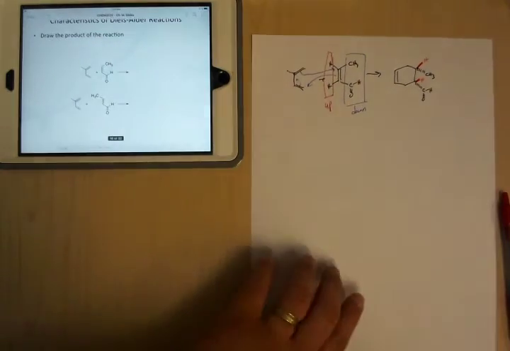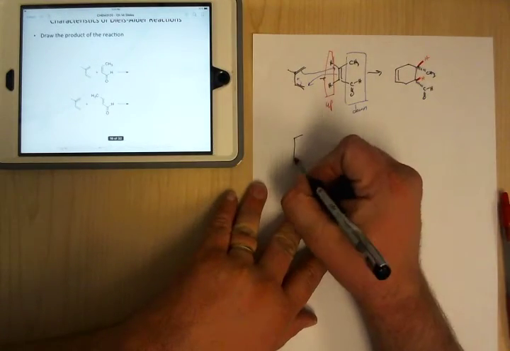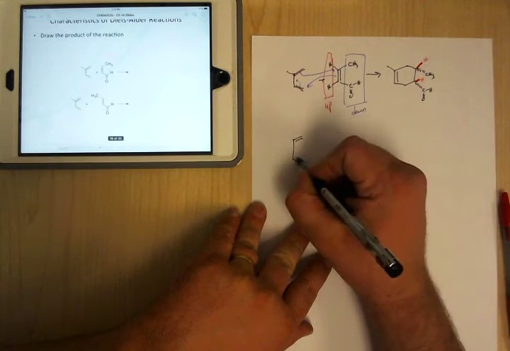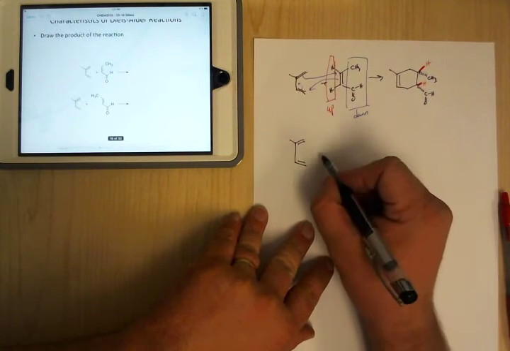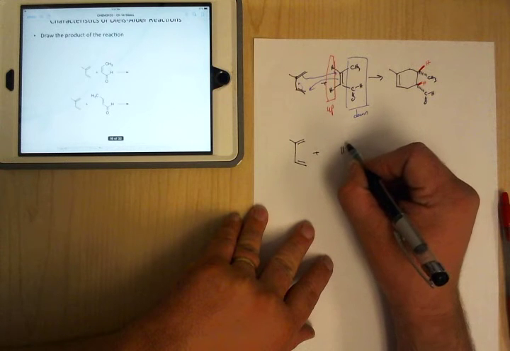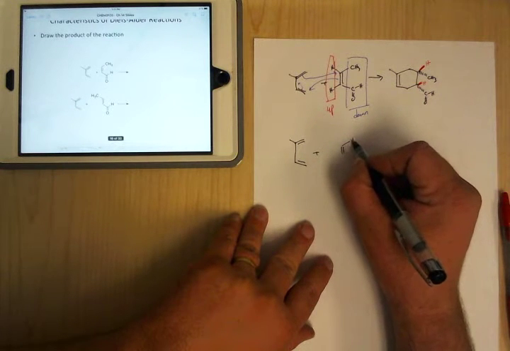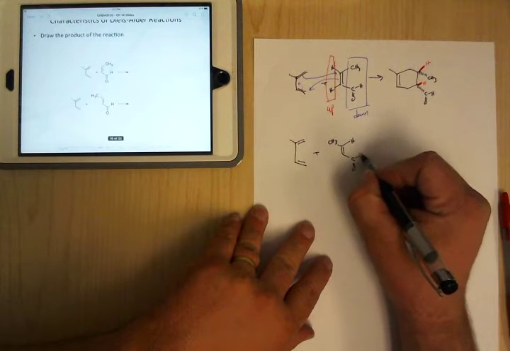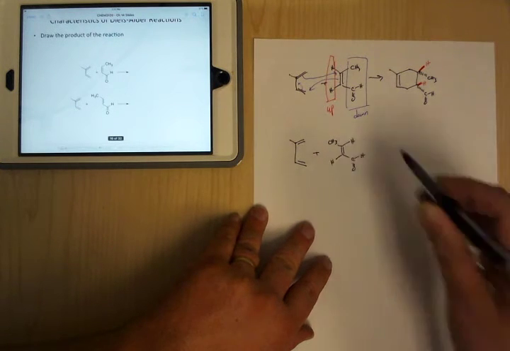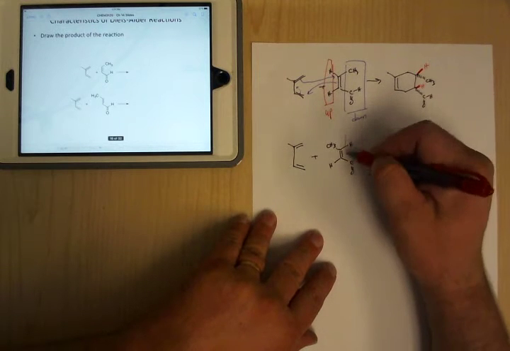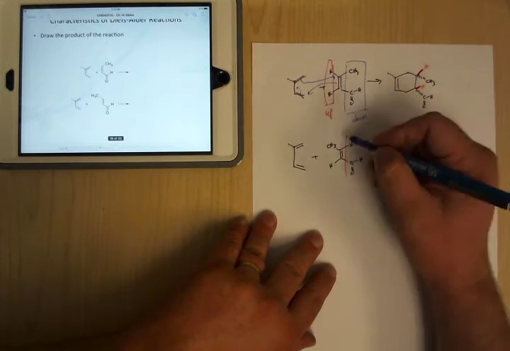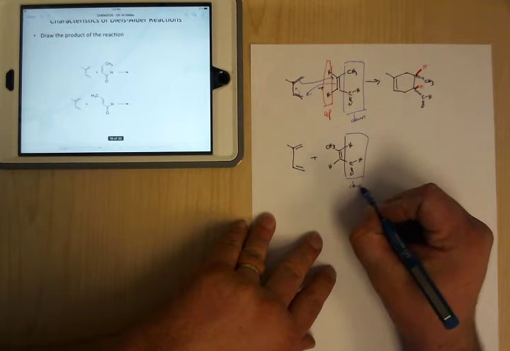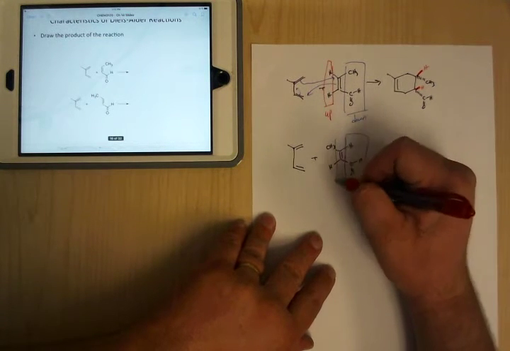So let's do the trans version of that. Again, can't forget that methyl group there. To keep these consistent, let's say these are going down, that means these guys are going up.